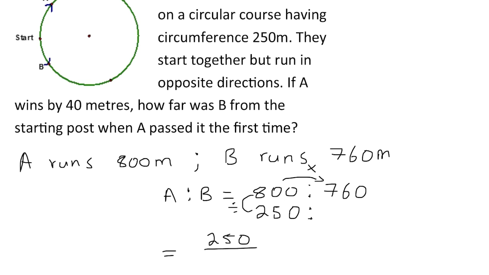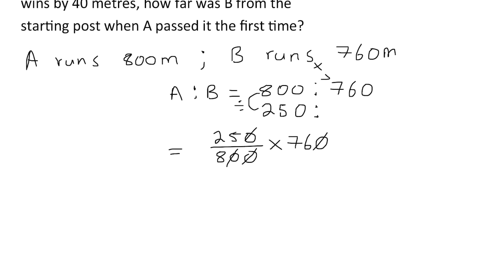Okay, so we have 250 divided by 800 multiplied by 760. The 2 zeros there will cancel the 2 zeros there, and 4 goes into 8 2 times, and it goes into 76 19 times. So we have 25 multiplied by 19 over 2, which gives us 25 multiplied by 9.5.